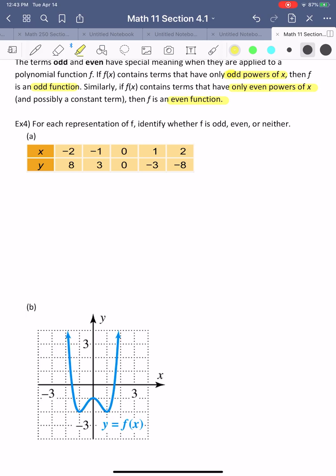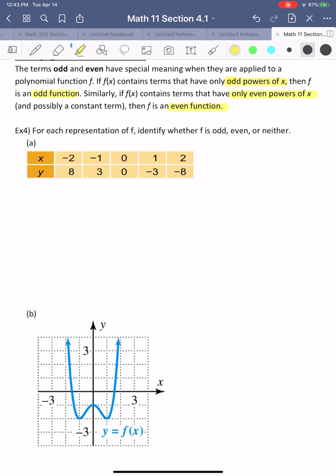I want you to look at what happened to the y value. When you look at the y value, 0 is in the middle, and as you notice, the y value is also changing when the x value is changing. So when x goes to -2, -1, 0, 1, and 2, if the y value with the sign came out the same, it would be an even function, but the y value is also changing sign.